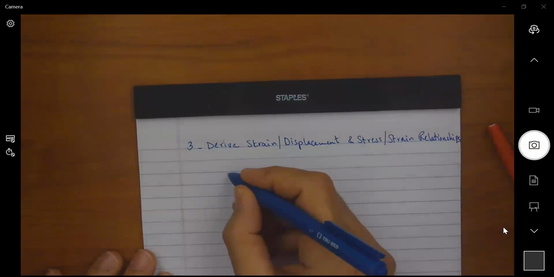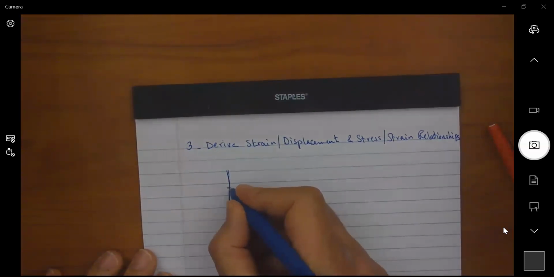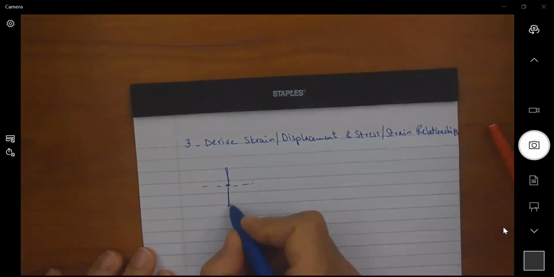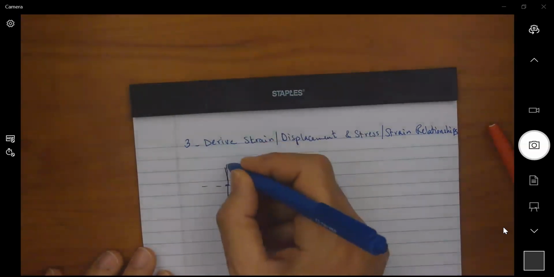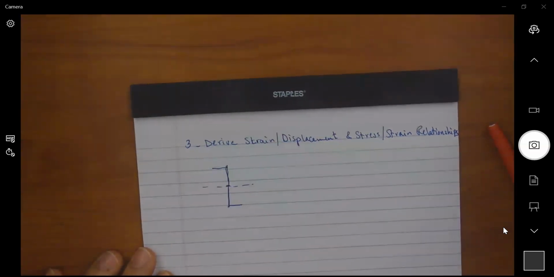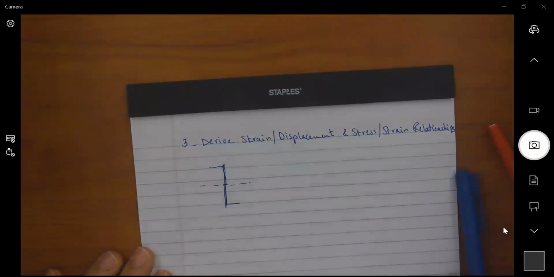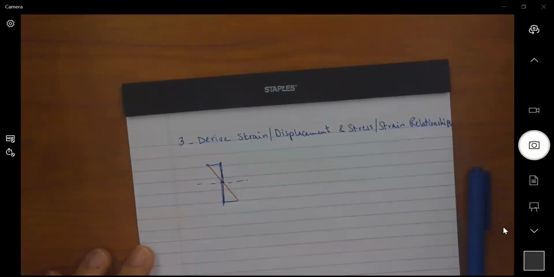So simply, if I'm looking at a section of the beam, and this is my neutral axis, if the beam is in tension, it is going to elongate at the bottom and compress at the top. And this plane section before deformation would remain plane after deformation.